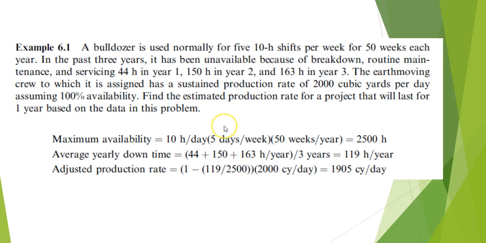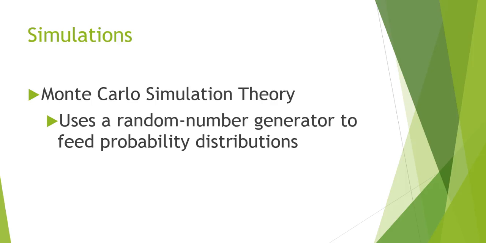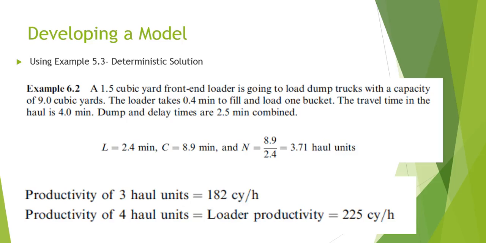If we assume a normal distribution, we're able to go in, using Monte Carlo techniques, a random number generator and a spreadsheet, and calculate these adjusted production rates. That's exactly what Monte Carlo means.